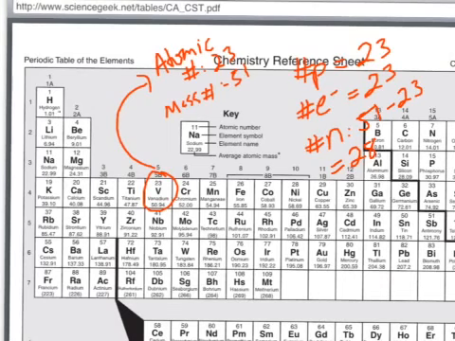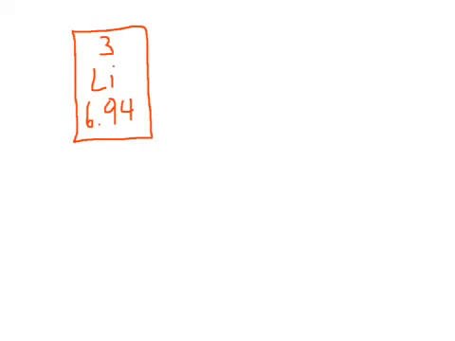We will look at lithium, which is 3 and 6.94. So here's another example for lithium. You can see I've arranged everything inside this box just how it was inside of our periodic table. So the top number 3 is going to be our atomic number. We have our symbol for lithium, Li, and our mass number 6.94.